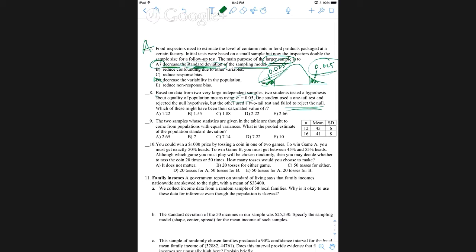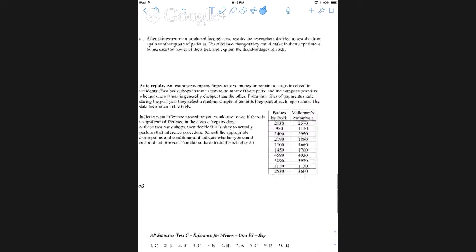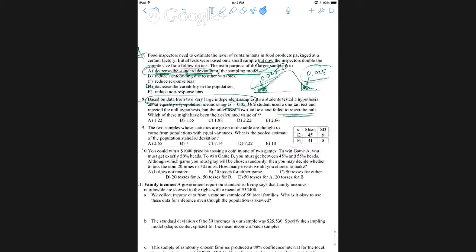Now these data are based on two very large independent samples. So very large independent samples has me thinking about the normal model, because as the sample size gets larger, the t model gets closer and closer to the normal model. So if I was thinking of this as the normal model, anything above 2 standard deviations above the mean is going to be unusual, and we're going to end up rejecting the null hypothesis.